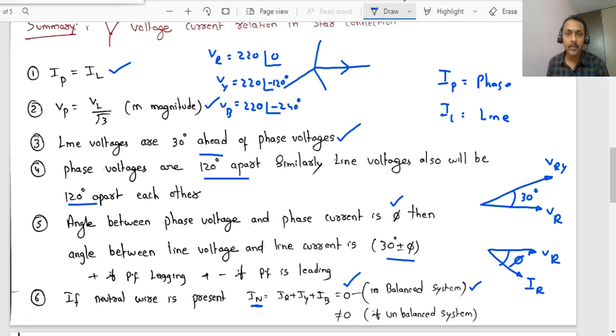This is called a perfectly balanced system. When we call a system balanced, the magnitude must be the same and the angle difference must be 120 degrees, if it is a voltage source. If the system is balanced, IR plus IY plus IB equals 0. And the current in the neutral wire will not be equal to 0 if it is an unbalanced system, right?